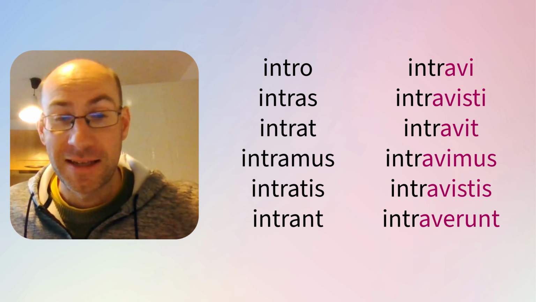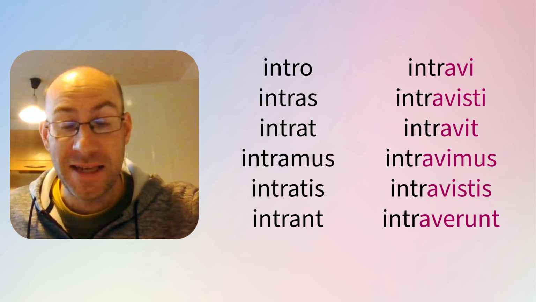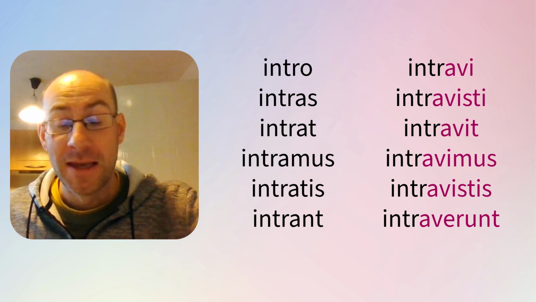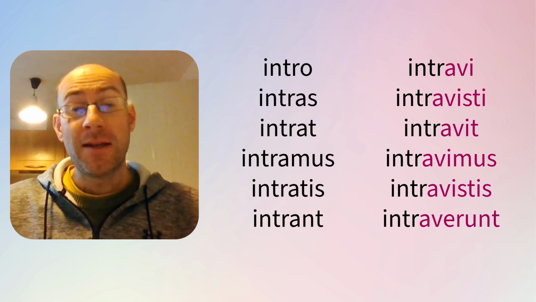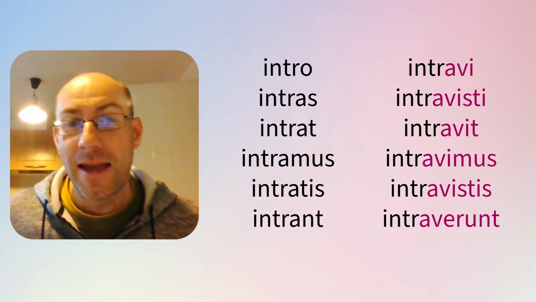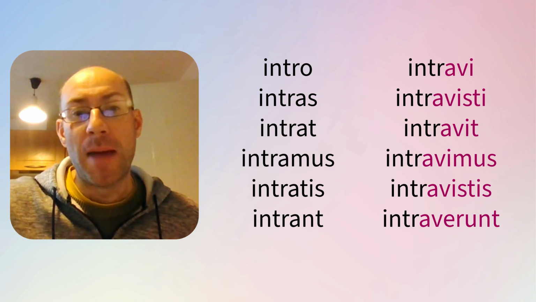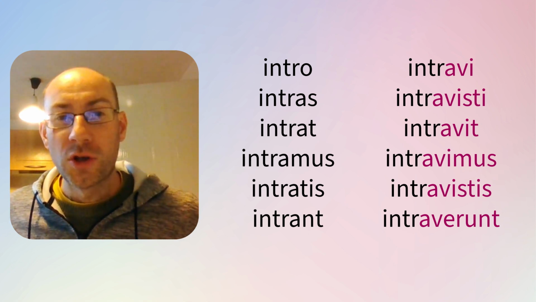Intravisti, intravit. Intravimus, intravistis, intraverunt. Whenever you enter somewhere, a place, that's your object, is going to be accusative. All right? I entered the kitchen. Culinam intravi. We entered the garden. Hortum intravimus.